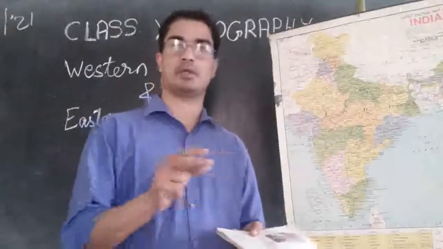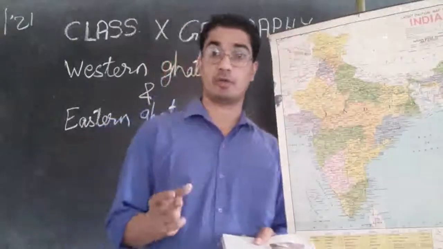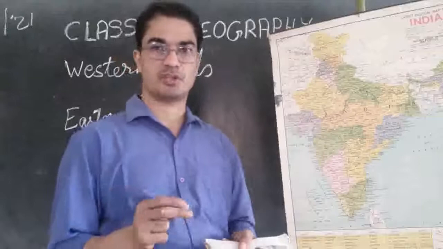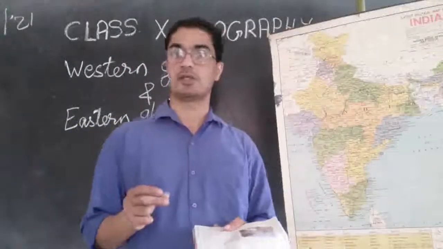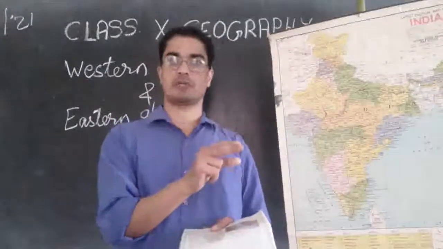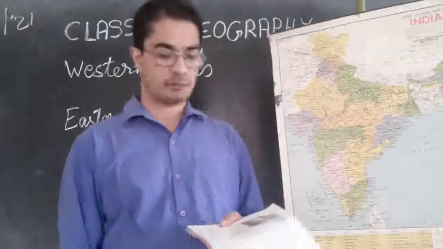The Deccan Plateau is very famous for black soil, and I believe you know the purpose of black soil. It is very good for cotton cultivation. Where there is black soil, the cotton grows very well. So we can imagine most of the cotton farmers will be located in that Deccan Plateau where this black soil is there.